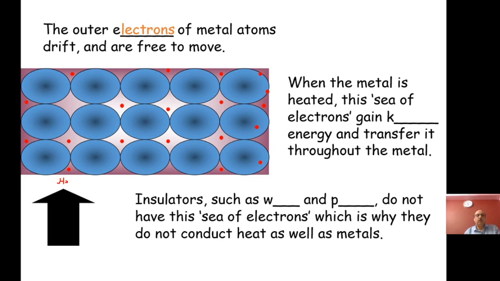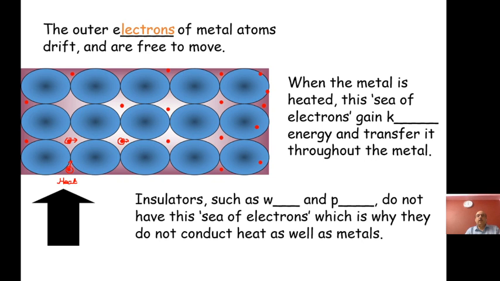If we provide heat to the metal, the free electrons get kinetic energy from the thermal energy, and because of that, they move here and there, and with that kinetic energy, they transfer the heat from one portion to another.